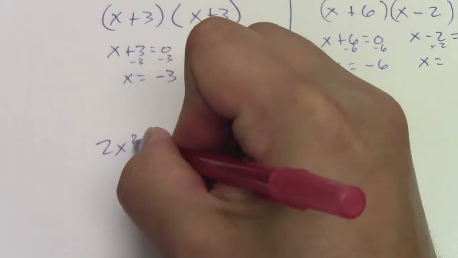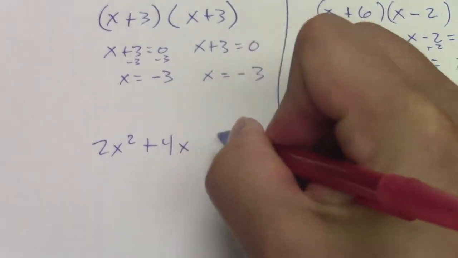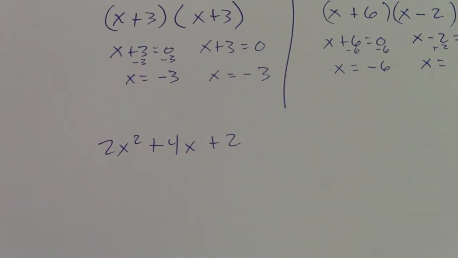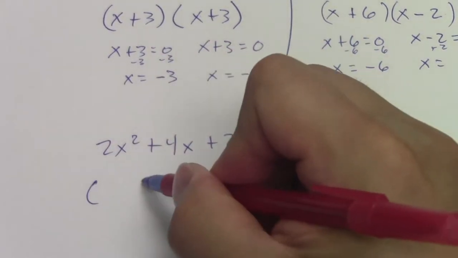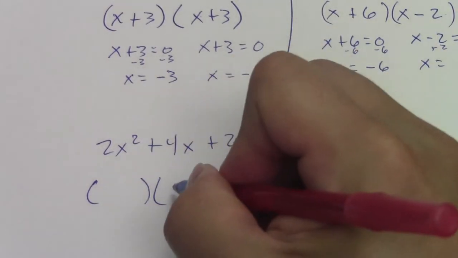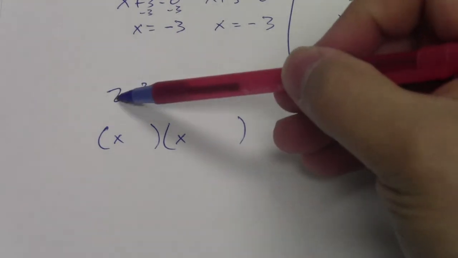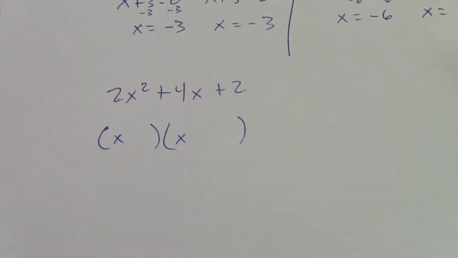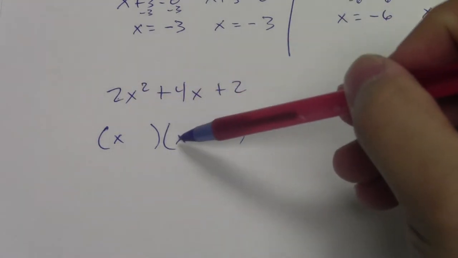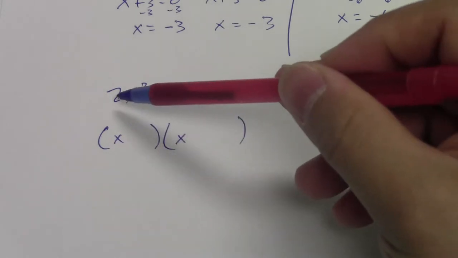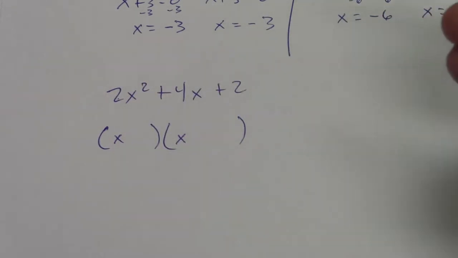Let's try 2x squared plus 4x plus 2. Now this time, when I have my parentheses, I'm going to have x's, but in order to get this 2x squared, I have to have two numbers that multiply to each other to give me that 2x. So really it's just going to be 2 and 1.